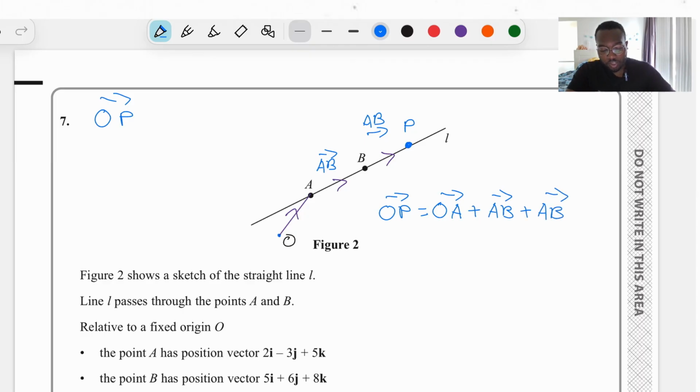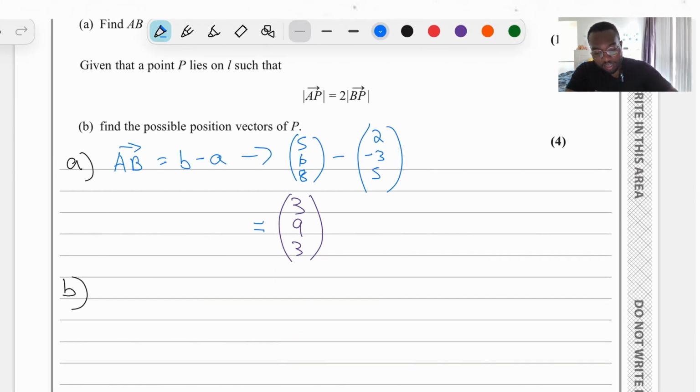If we write that down, that means that OP, because we want to find the position vector, is going to be OA plus AB plus AB, so that is just 2 lots of AB.